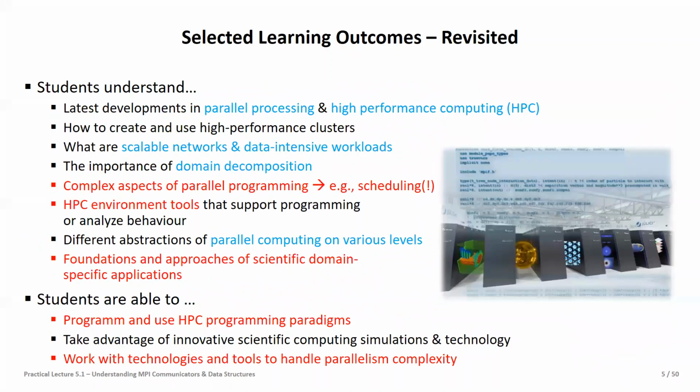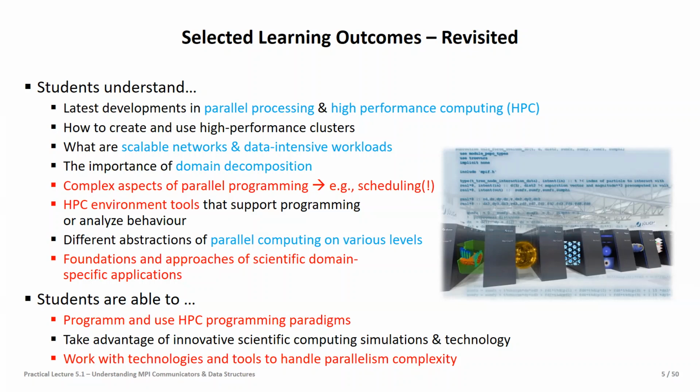So let us come to the learning outcomes. Of course, this is a really complex aspect of parallel programming, not only the domain decomposition in terms of the Cartesian, which also includes scheduling the right number of cores, but also the HPC environment tools that are available, for instance the HDF5 tool set with the dump, but also the idea of the data structure behind it with the parallel IO file formats.